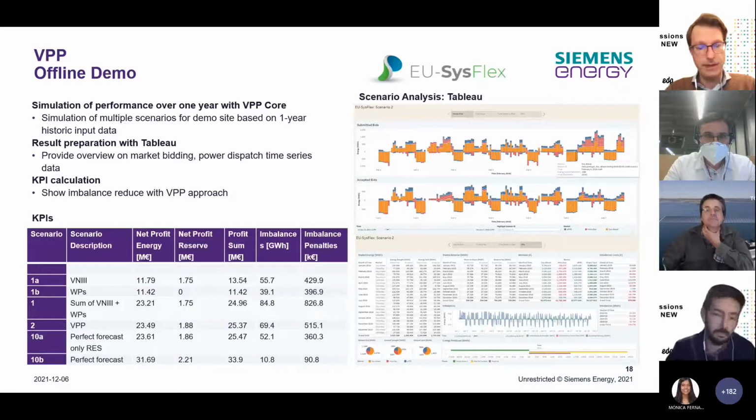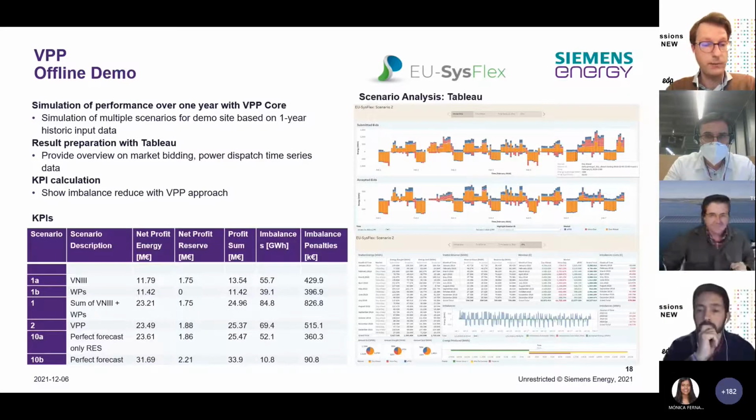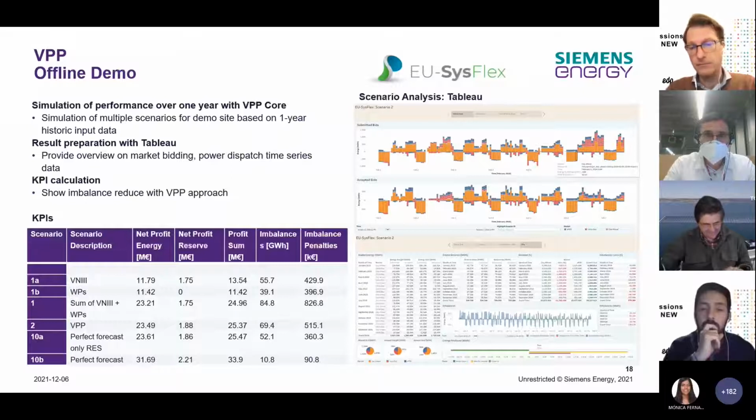This, again, obviously showed us another gap and potential for improvement, that forecast is a key factor for the economic benefit of operating in a VPP setup. And all this data has been part of one of the deliverable reports. We used Tableau for some nice visualization. And as I said, it's available in one of the deliverables.